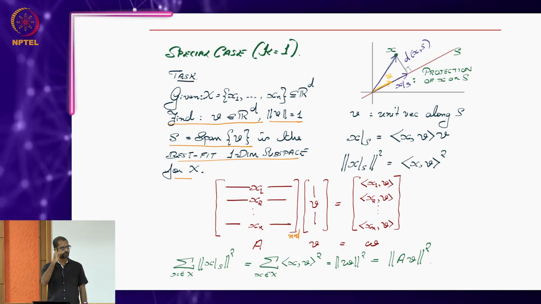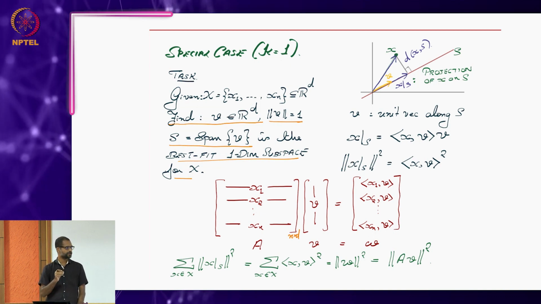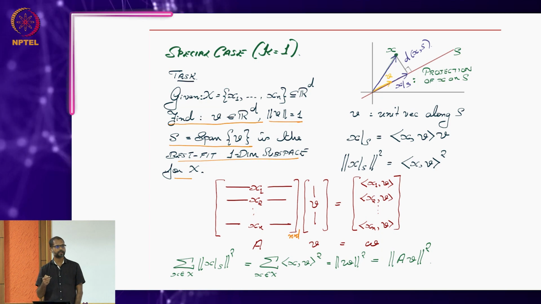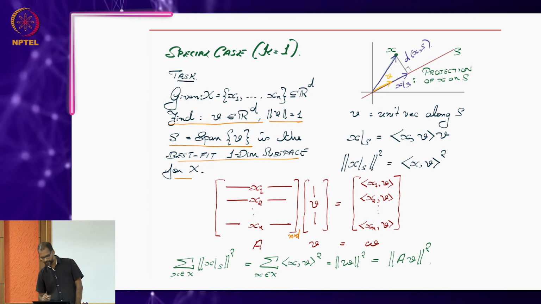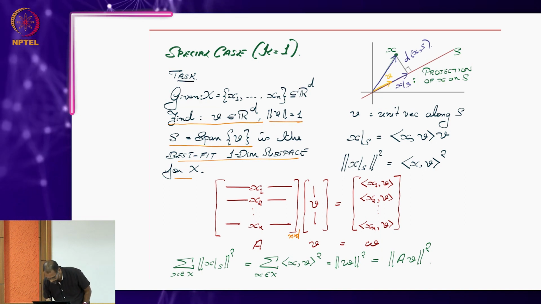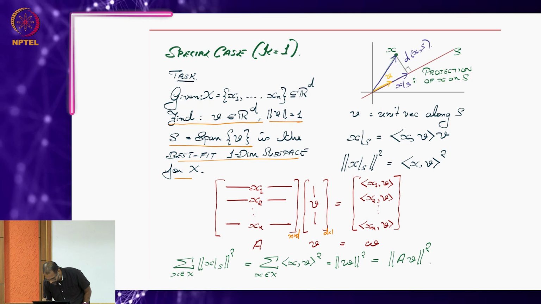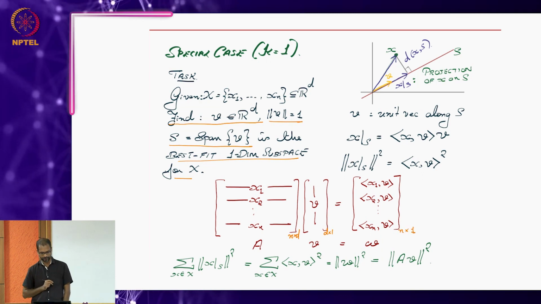I have each row of A to be a point x, and what am I multiplying it with? I am multiplying it with a column vector v, and I am calling the result as w. Okay, this is a d rows 1 vector, the result will be an n rows 1 vector, right.